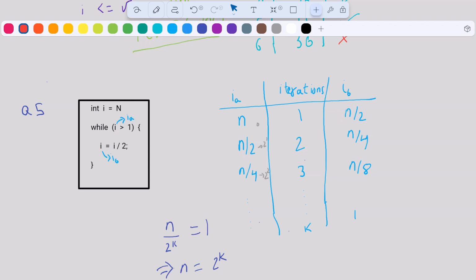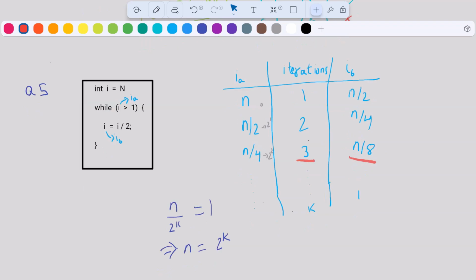So what is the number of iterations? It will be going for the second time, so the number of iterations will be 2, and then IB here will be divided by 2. It will become n by 4. When IA is n by 4, 4 can also be written as 2 to the power 2. So the iteration will now be 3, and then n will become n by 8.